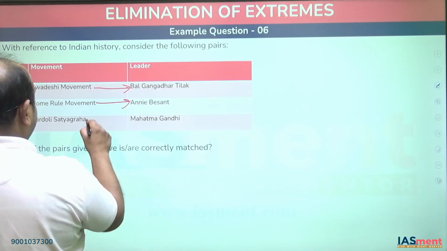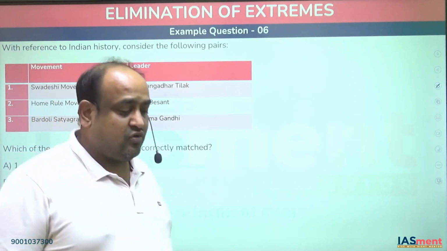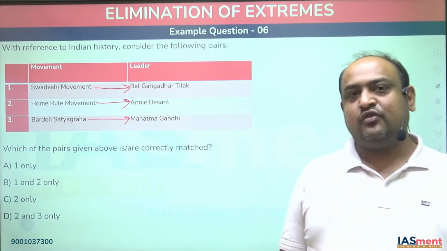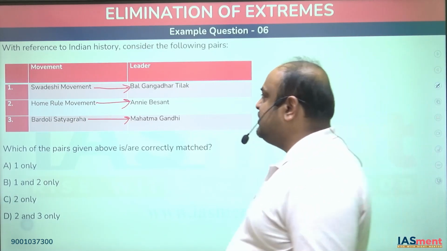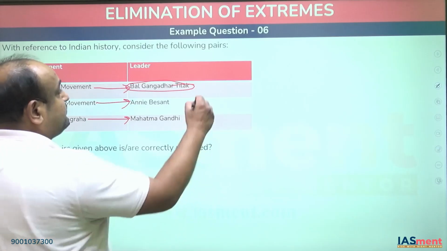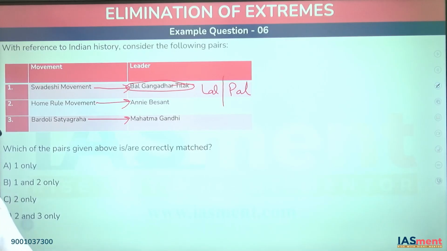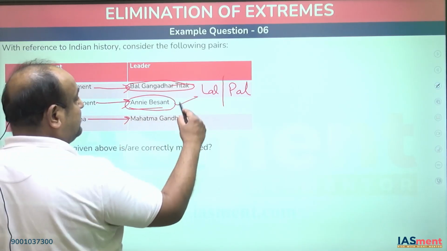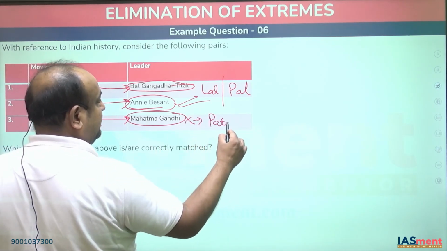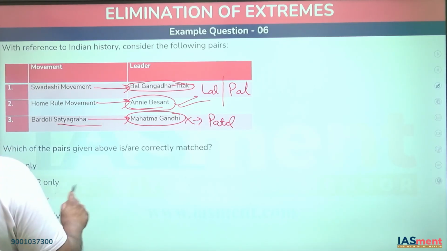Home Rule, Annie Besant. बारदोली सत्याग्रह, महात्मा गांधी. देखो अब देखो यहाँ पे आपको इस चीज की नॉलेज होनी बहुत जरूरी है। ये बहुत स्ट्रेट फॉरवर्ड क्वेश्चन है, अगर आपको इसकी नॉलेज है तो ही आप इसको निकाल सकते हैं। स्वदेशी मूवमेंट was not related to Tilak, it was related to Lal and Pal. Home Rule League, yes, Annie Besant of course. बारदोली सत्याग्रह, no, it's related to Patel. ठीक है, तो यहाँ पे तो आपको पता ही होना चाहिए, इस क्वेश्चन में आंसर आ जाएगा.